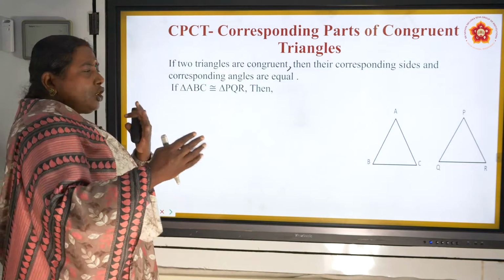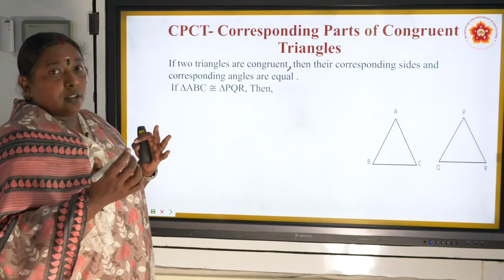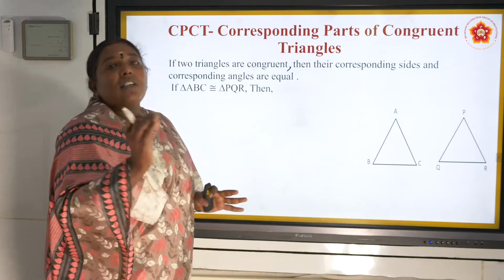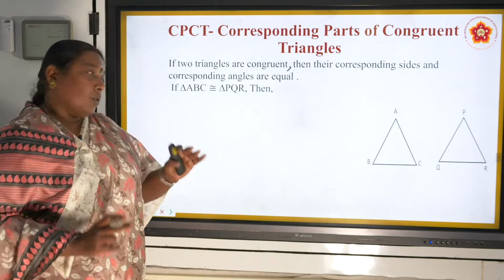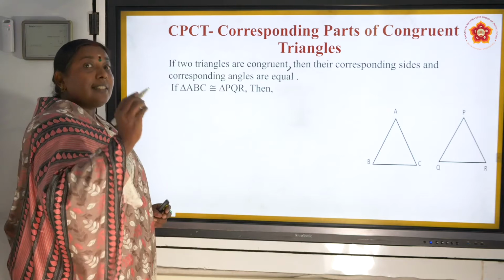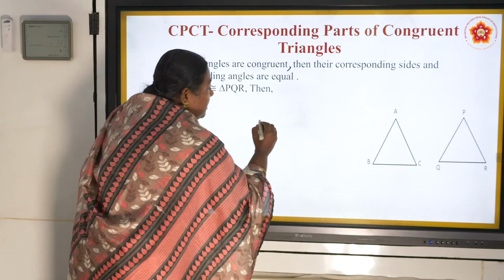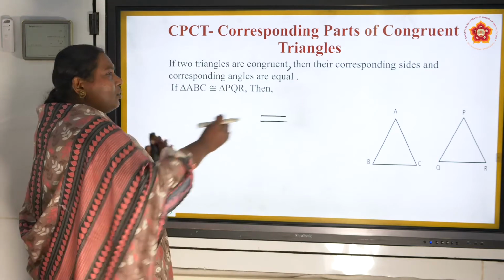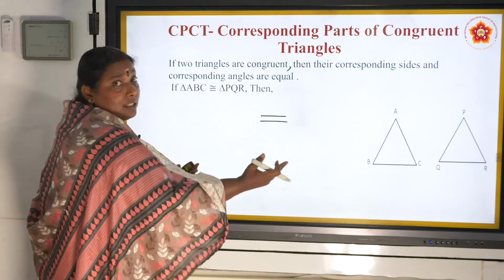Now till now we are talking about congruent. But in our mathematics, everything has a symbol. Is it right or not? So now let us see how to write the symbol for congruent. Equal to means you are equal, I am equal, 7 equal to 7.